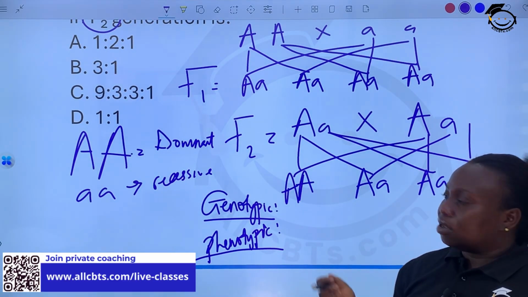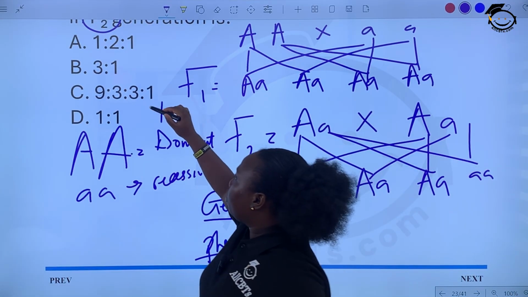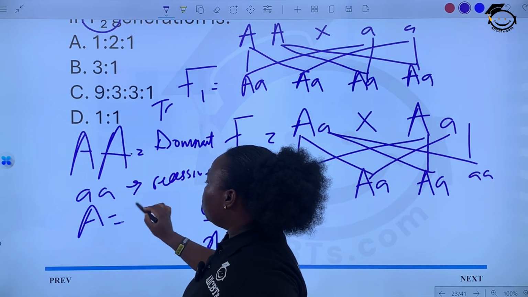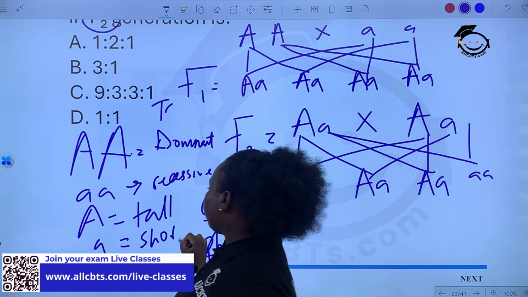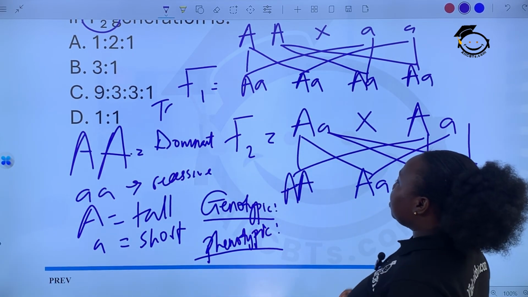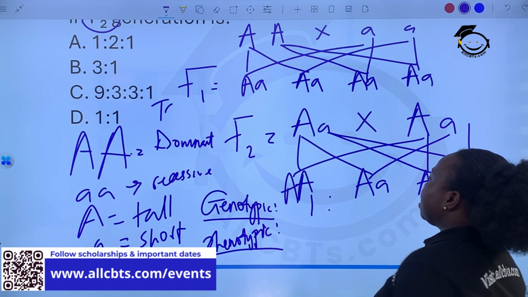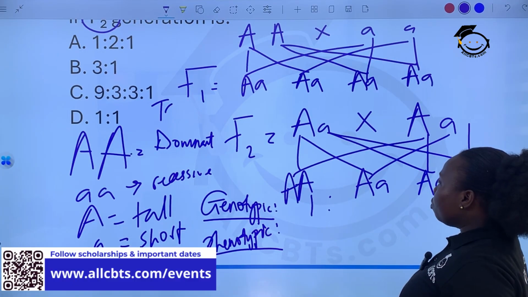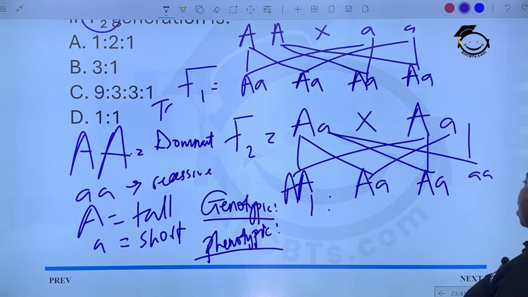Let's say that capital A is for tall, while small a is for short. In the genotype, we have 1 homozygous dominant, then 2 heterozygous, and 1 homozygous recessive.